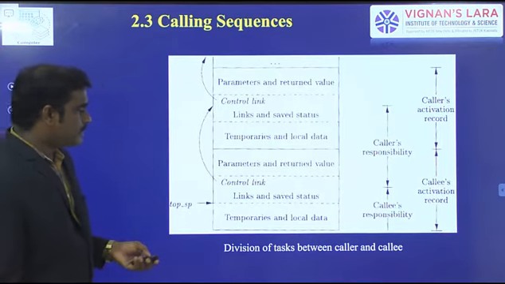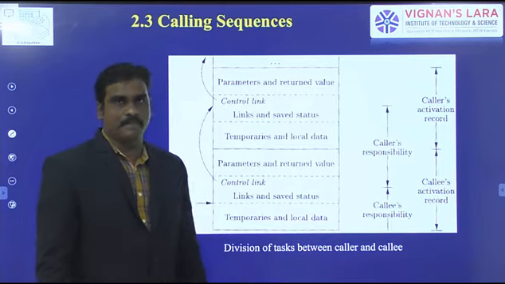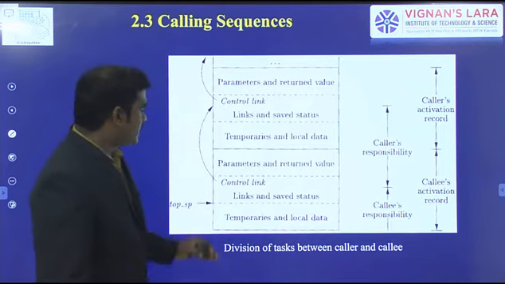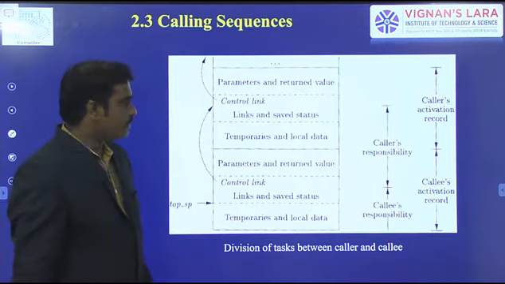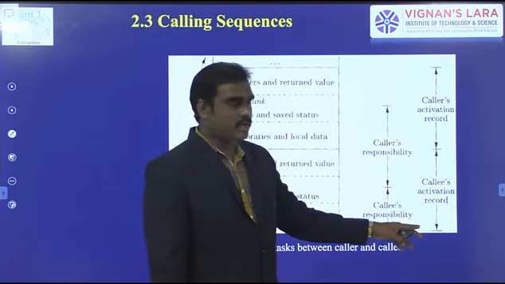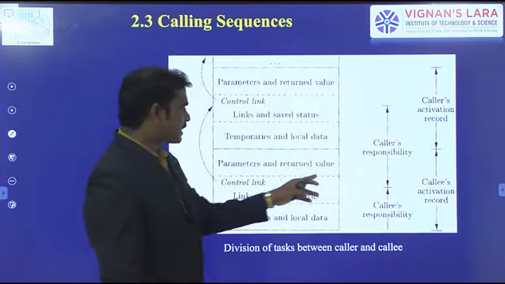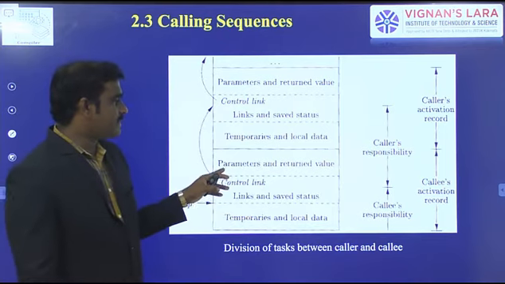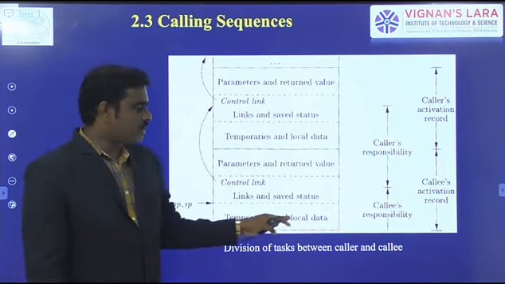And see, this is the division of tasks between caller and callee. Suppose this is one activation record and this is another activation record. This one we can call the callee's activation record, the bottom one, and this one is the caller's activation record. In the callee's activation record, we take the parameters and return values, control link, temporaries and local data.